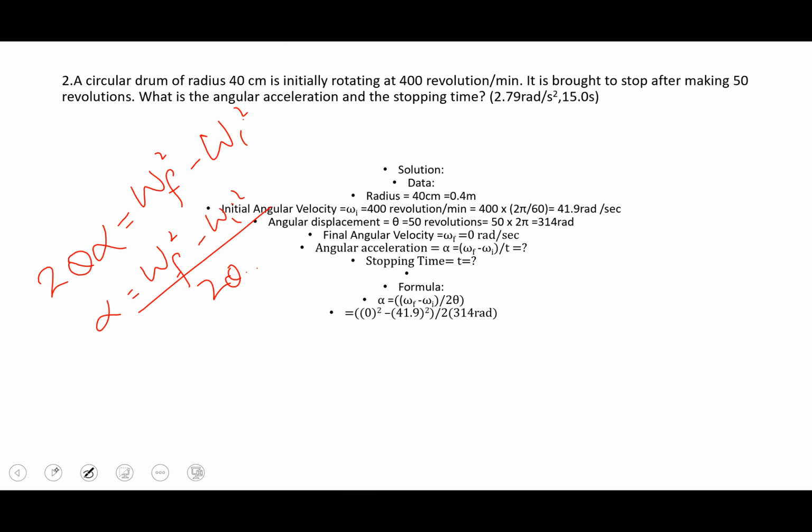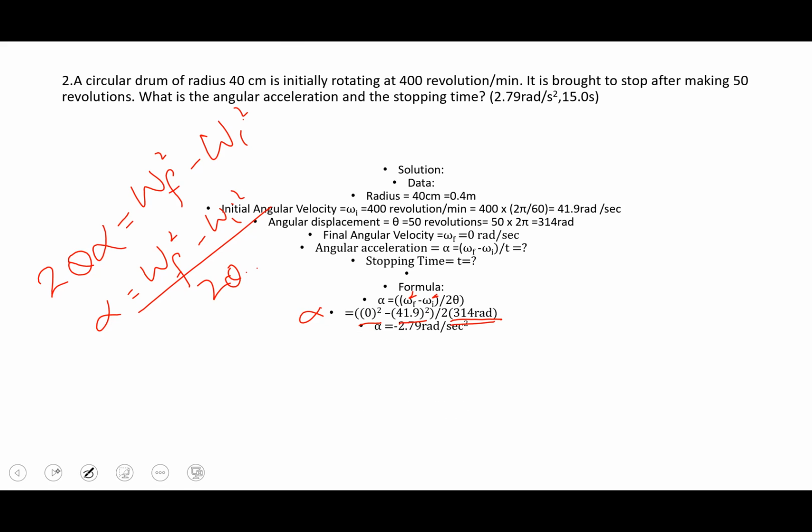Putting in the values, omega f is 0, and omega i square has a value of 41.9 squared. Dividing it by 2 theta, the value of theta we have already calculated, which is 314, multiplied by 2, and this will be equal to the angular acceleration, alpha.